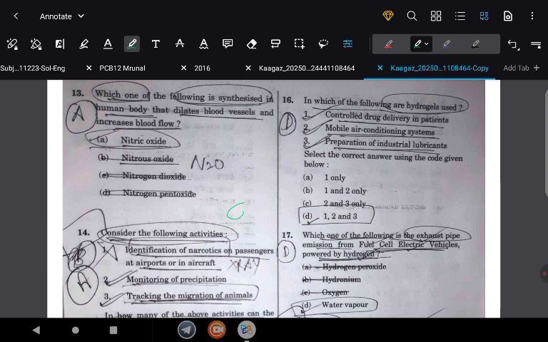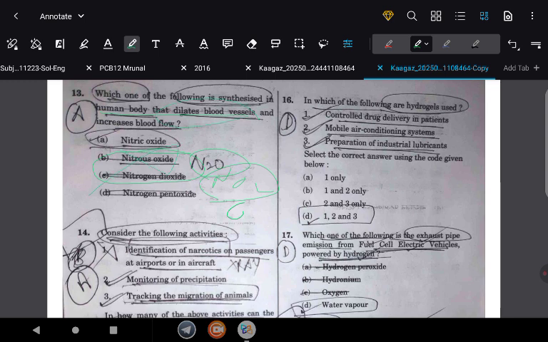Surprisingly, I had more of an idea that it surely was not nitrous oxide and nitrogen dioxide, because nitrogen dioxide and nitrous oxide go more or less into the area of either pollutants or greenhouse gases or ozone depleting substances. So that is certainly not something which the human body will use for dilation of blood vessels.